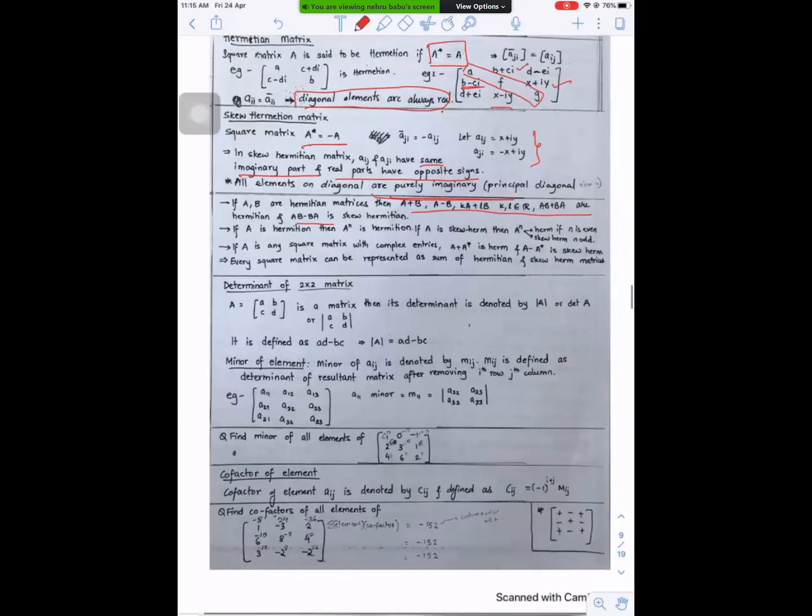Next, these are the different definitions. After that, we discussed the determinants topic, the determinant of a 2 by 2 matrix. From that we define minor. The determinant of a 2 by 2 matrix we define as AD minus BC. Next, minor is the determinant of a matrix after removing the ith row and jth column.